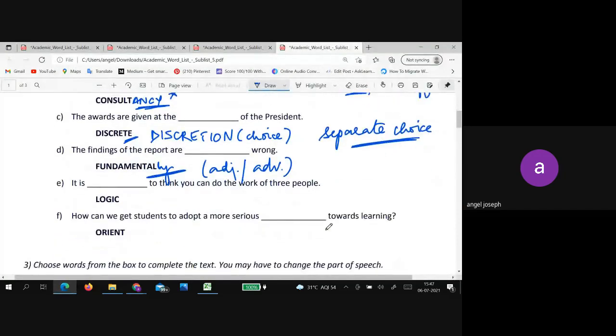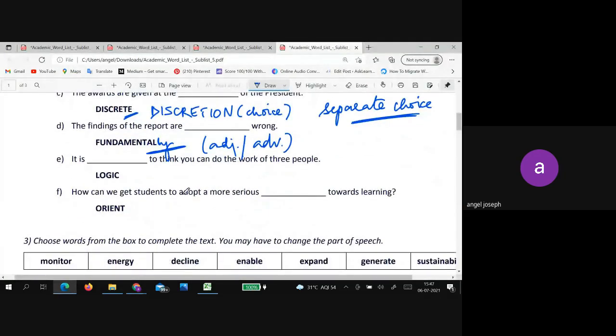Okay, look at the next one. It is dash to think that you can do the work of 3 people. First thing, is this sentence said in a positive way or a negative way? Negative. Yes, it's not a positive sentence. So what will you put? Which form of logic will come here? The negative form.